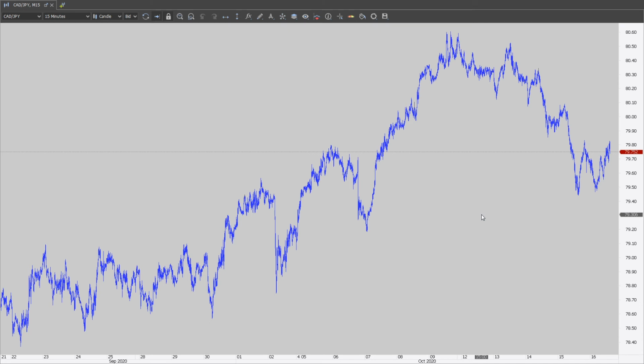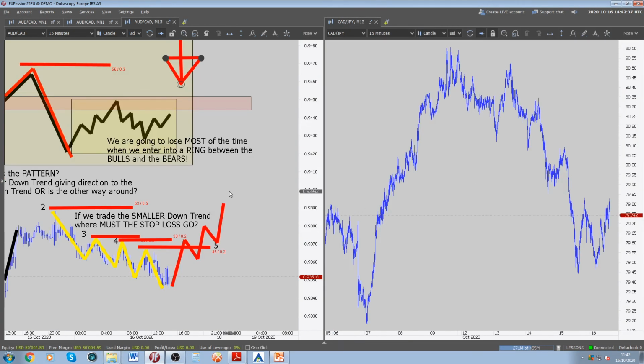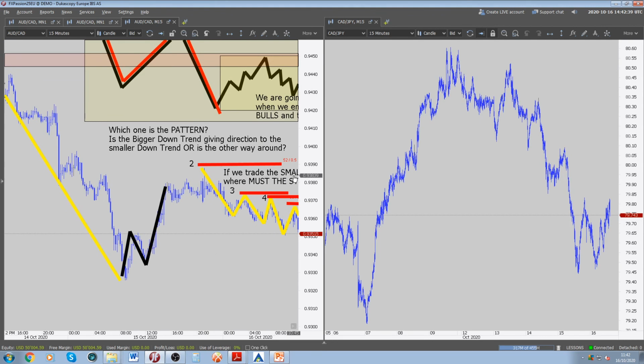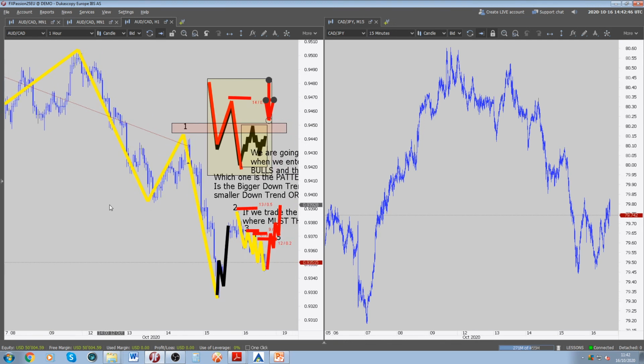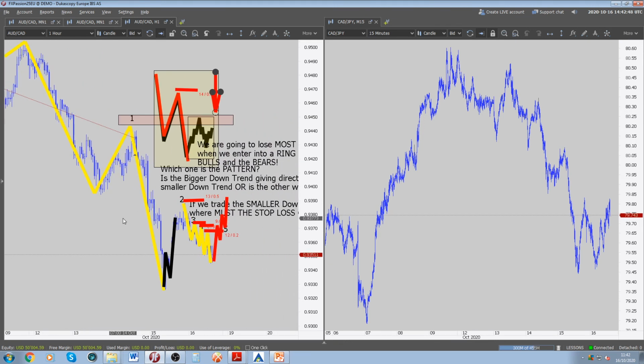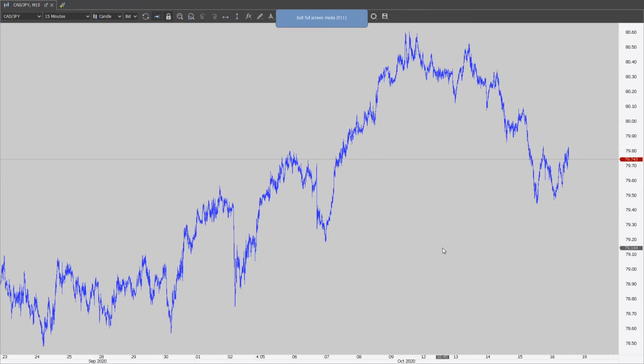Before going long, before going short, try to make sense. Try to make sense from the AUD CAD 1 hour chart. Try to make sense. What about Canada JPY 15-minute chart?